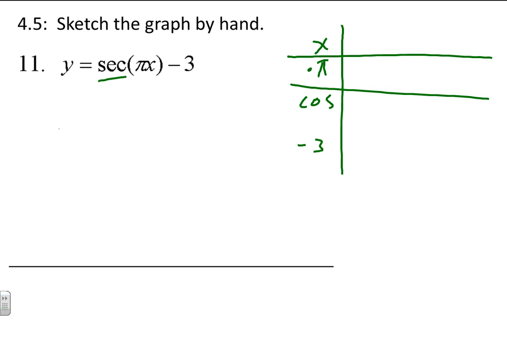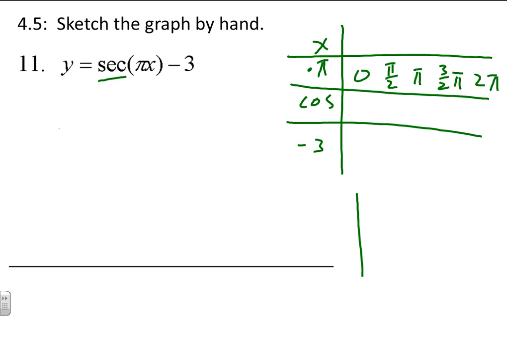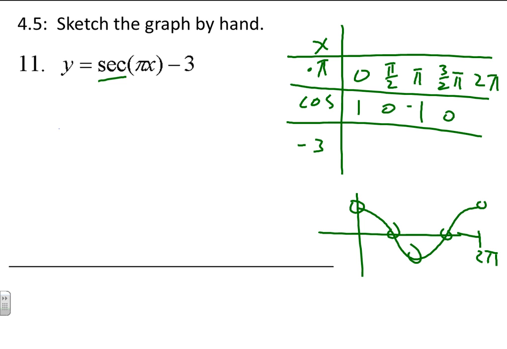And the values I like to send into cosine start with 0, go to pi on 2, to pi, to 3/2 pi, to 2 pi. Cosine of 0, I don't have this memorized, but I have this memorized. Cosine starts up at 1, goes down to 0, to negative 1, to 0, back up to 1. Subtract 3.